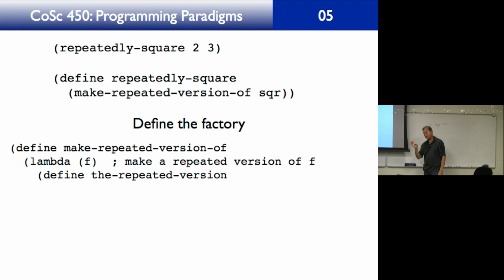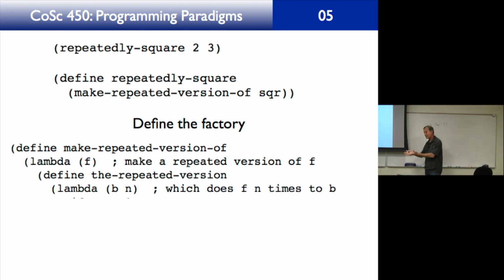Because the function that's getting returned has the 2 parameters, yeah? Okay, so we'll call them lambda b n. And here's a little comment, which does f, this function, n times to b. Is everybody clear on this? That's what this repeated version of does. It does f n times to b.